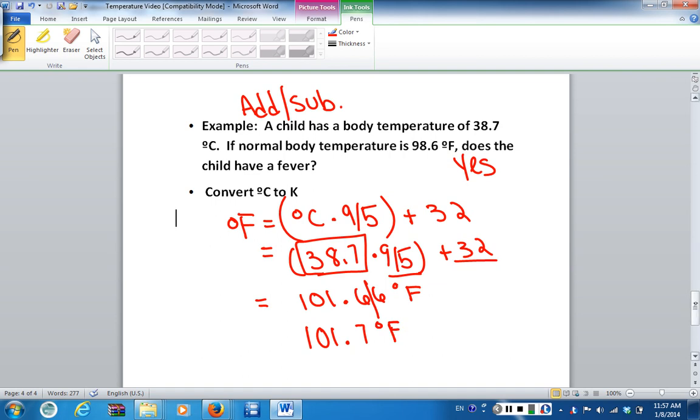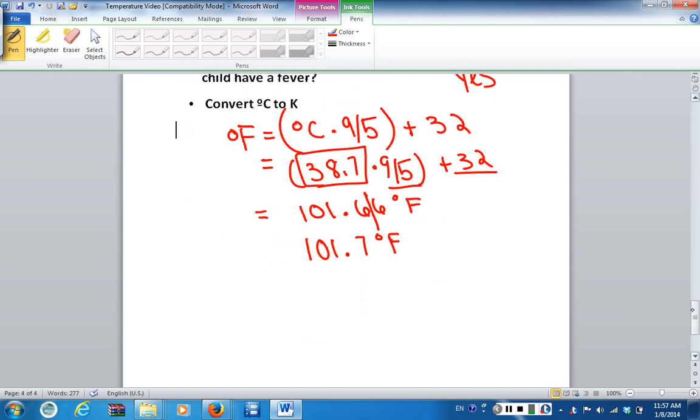Now, if we were to take this a step further and convert it to Kelvin, we know that we would go from Celsius to Kelvin. We have to add 273.15. And since, again, this is temperature and we want to account for significant figures, we want to line up our decimal place.